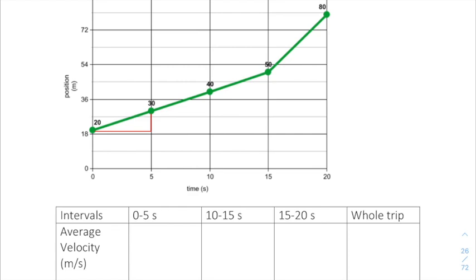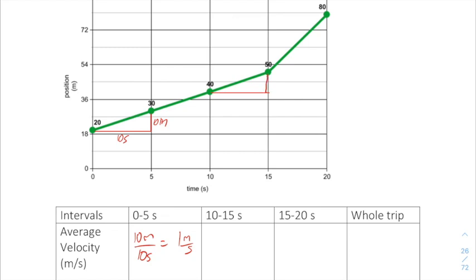And so that would be a change in position of 10 meters and a change in time of 10 seconds. So 10 meters divided by 10 seconds gives us 1 meter per second.